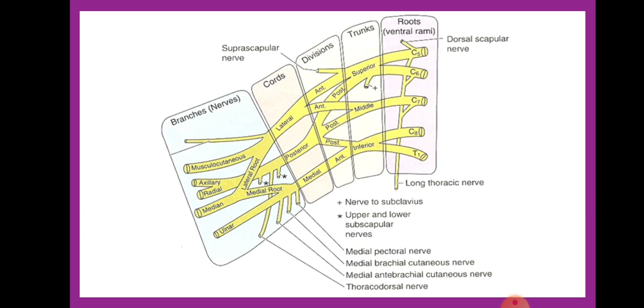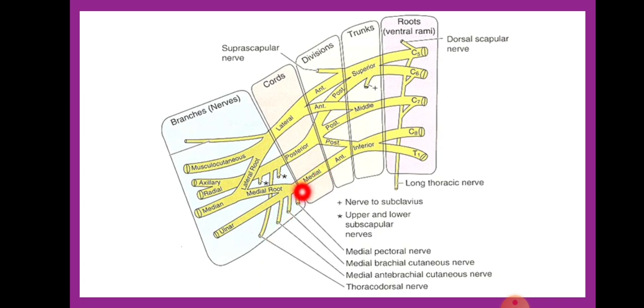Revise the branches again. The lateral cord gives 3 branches: musculocutaneous nerve, lateral root of the median nerve, and lateral pectoral nerve. The posterior cord gives rise to the axillary, radial, upper and lower subscapular nerves, and thoracodorsal nerve.